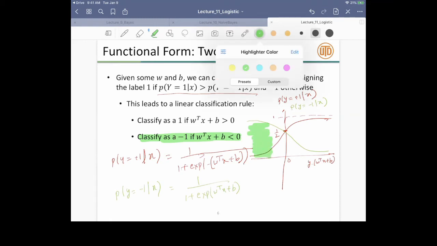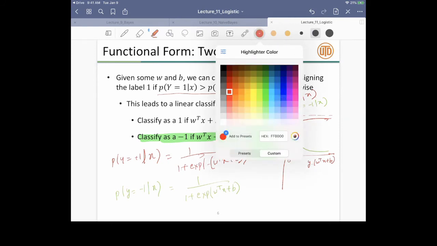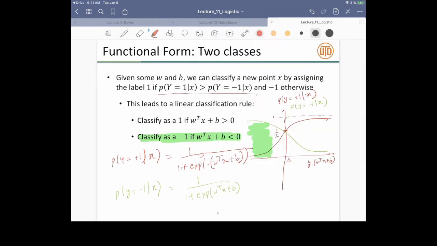And when w transpose x plus b is greater than 0, I have this region where the red curve is above the green curve. Okay. Is this clear to everyone?